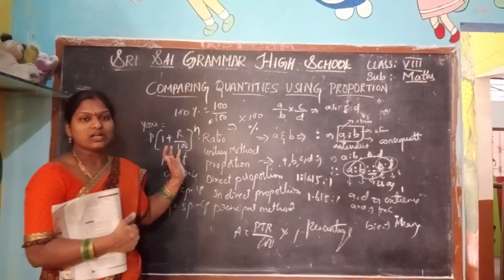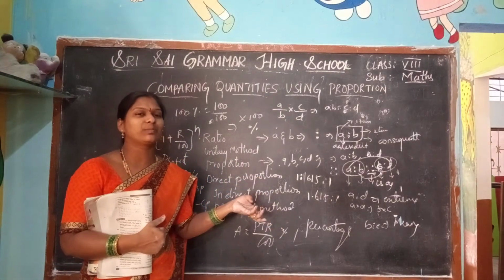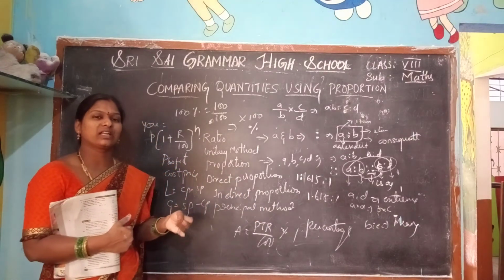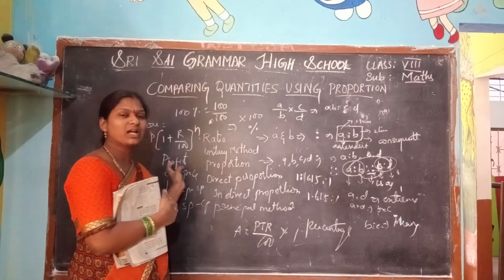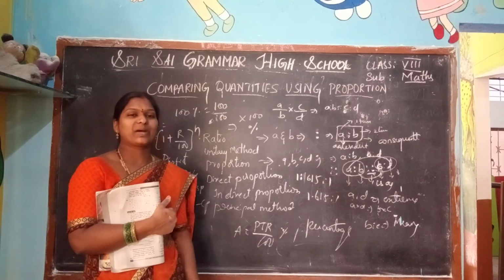If they give the selling price, everything will be given in the question only. We are going to identify the cost price and selling price. From that we are going to find the profit, gain, and at the last we are going to find the percentage also.